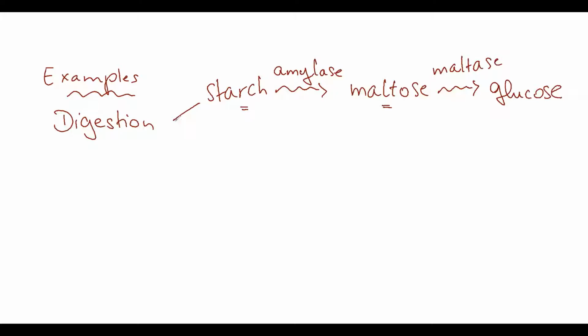For example, if I'm eating fats or lipids, as I told you before, fats are part of lipids. So I need lipase enzyme to break down the lipids into what? Lipids are broken down into their components. What are the components? Glycerol and fatty acids. Very good.